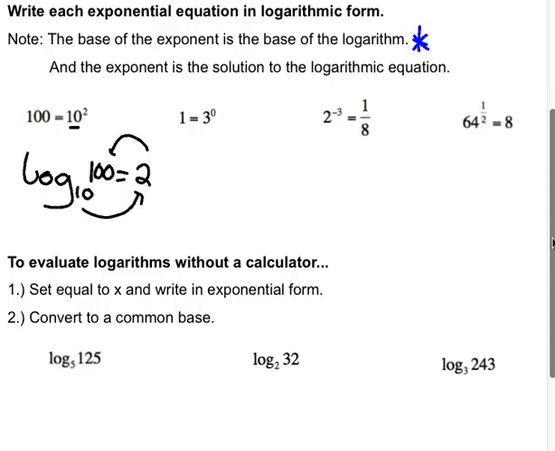Let's try it again. The base of the exponent is the base of the logarithm. The exponent is the answer. And then I just fill in the other number. Let's check to make sure we did it right. Let's use Mr. Loopy. 3 to the 0 equals 1.